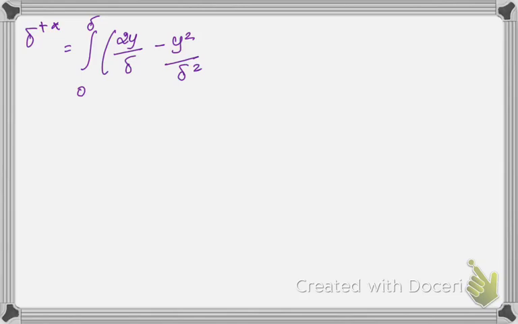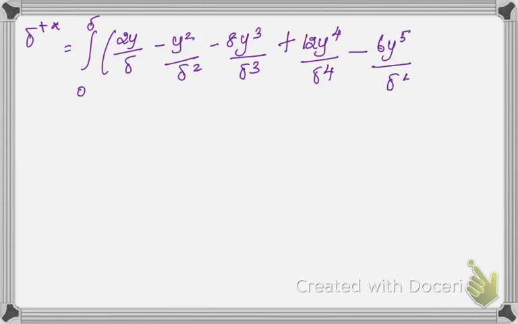So first power is y power 1, next is y squared by del square minus 8y cube by del cube plus 12y power 4 by del power 4 minus 6y power 5 by del power 5 plus y power 6 by del power 6 into dy. So you have to be very careful. Now we are going to integrate it.